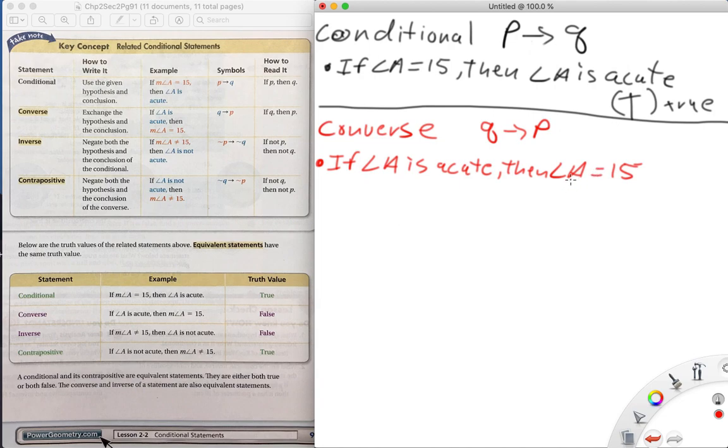What about 10? What about 1? What about 4? What about 89? Those are all situations where the angle is acute, but the angle is not 15. Therefore, this one is false. I can think of a counterexample for this conditional.